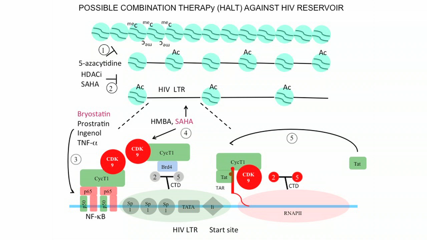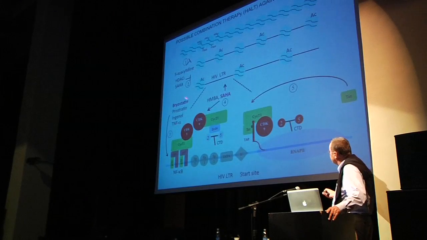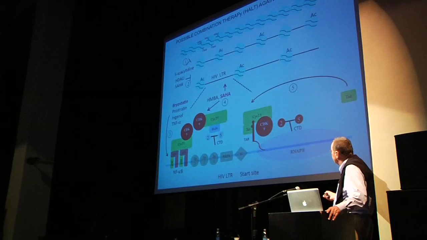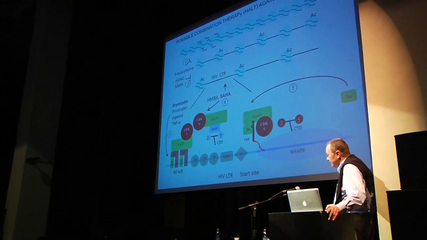So I'm not so sure what people are looking at when they're looking at azacitidine, whether they're actually looking at chromatin or whether they're actually looking at the P-TEFb cycle. And the others are obviously mentioned already: bryostatin, prostratin, ingenol, TNF for NF-kappa B and P-TEFb, and HMBA, SAHA, or others for the release of P-TEFb.